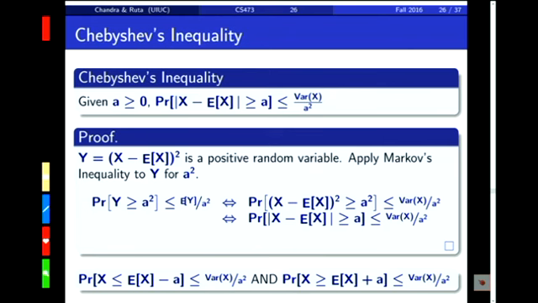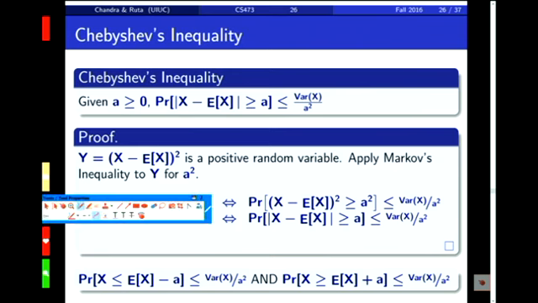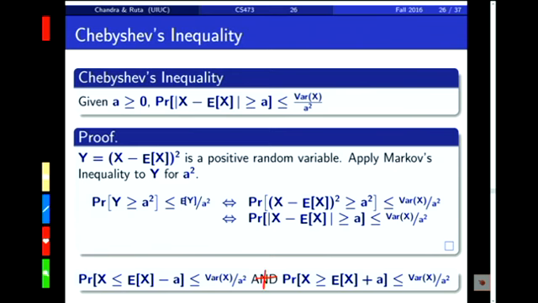Actually, it is not only these individual inequalities, but you can say that this plus this is less than or equal to the variance of x divided by a squared.